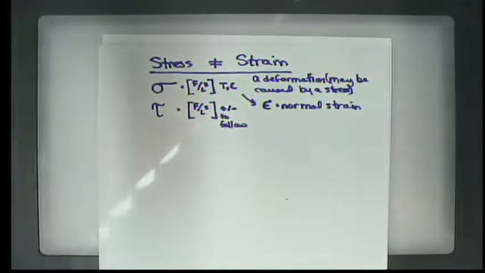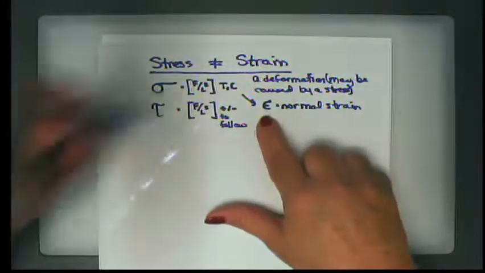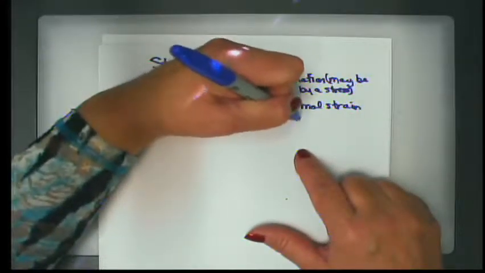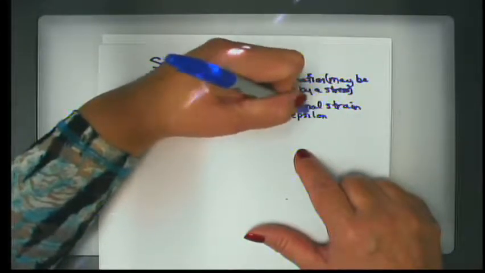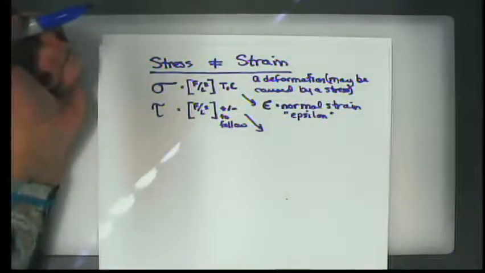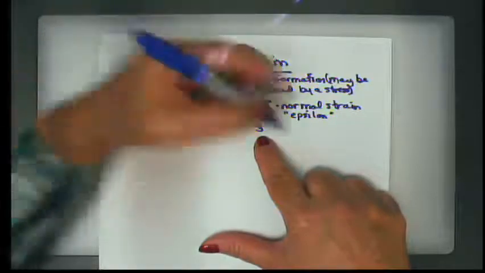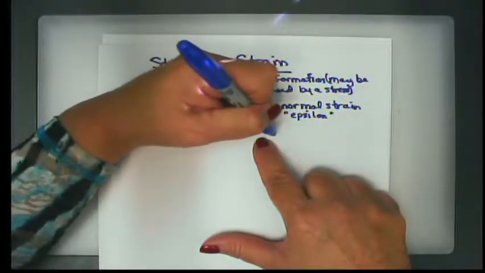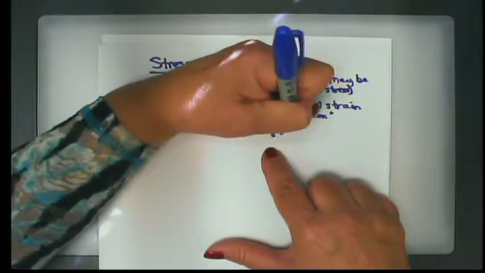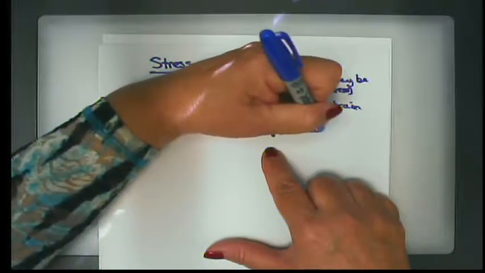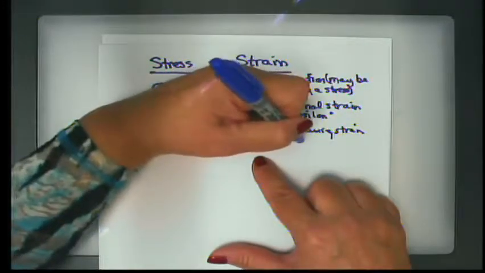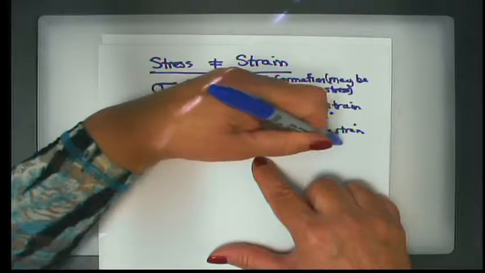So I have it drawn as just a small curved E. And when later we talk about the strain caused by a shearing stress, it is referred to as shearing strain, and it is designated by the Greek letter gamma.